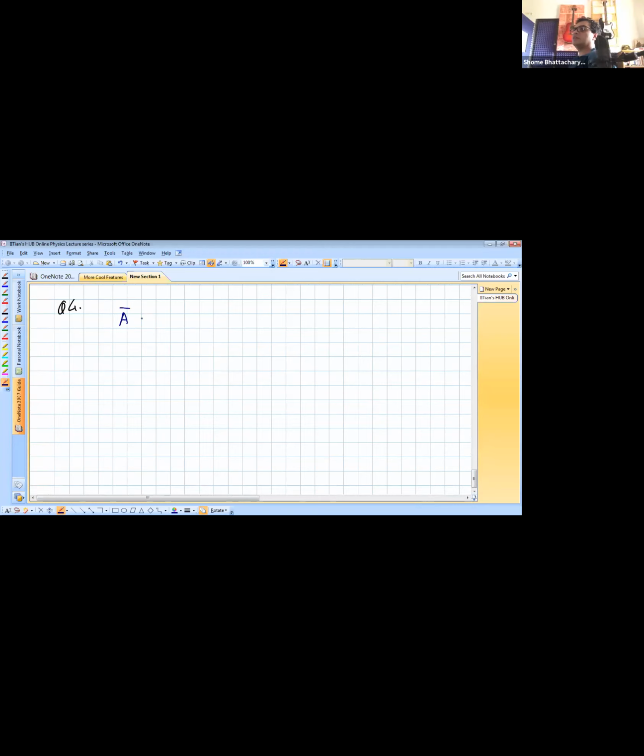So the vector A is, let us say, i cap minus j cap plus k cap. The vector B is i cap plus 2j cap plus k cap.